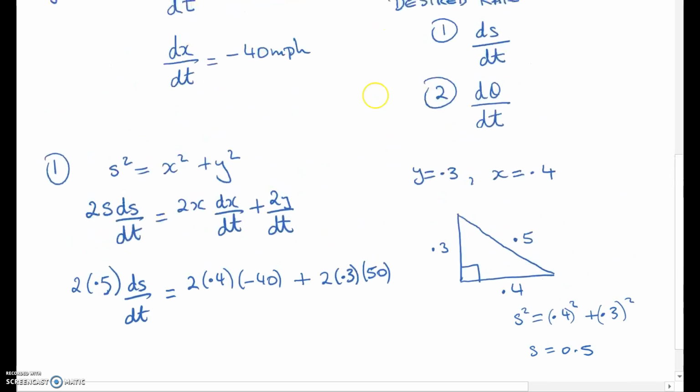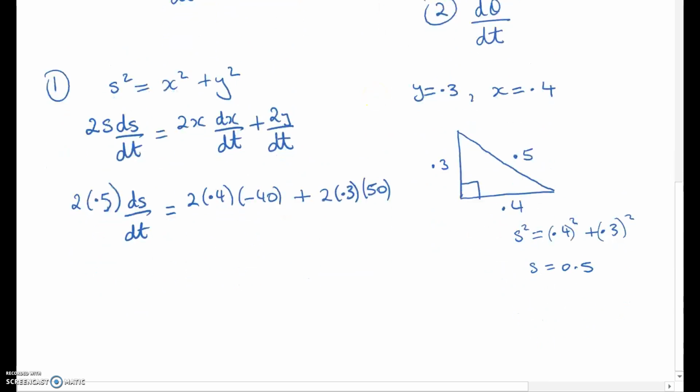Let me go back and correct something here. This should have been 2y dy/dt.